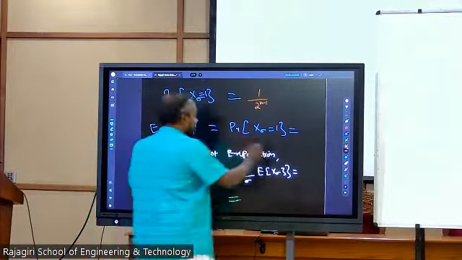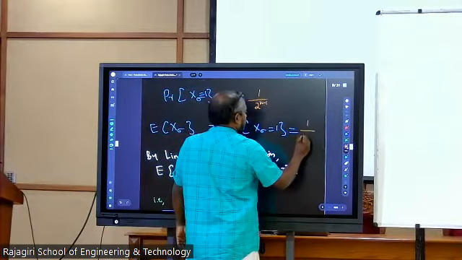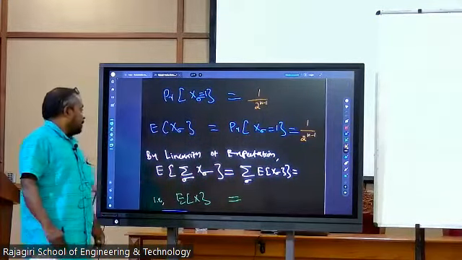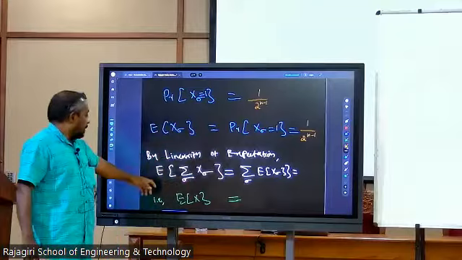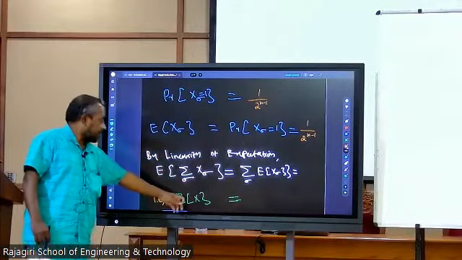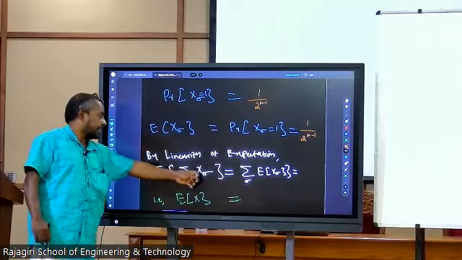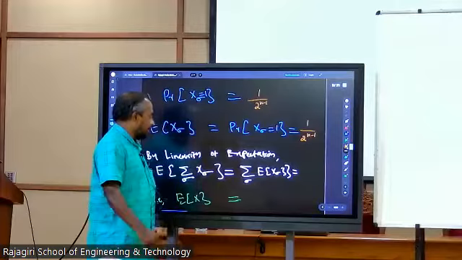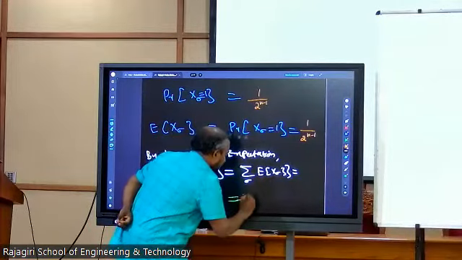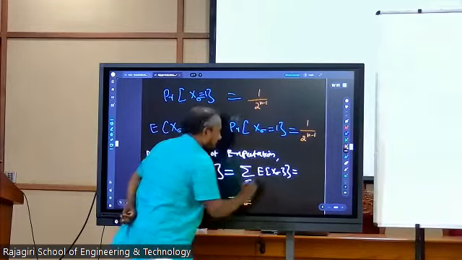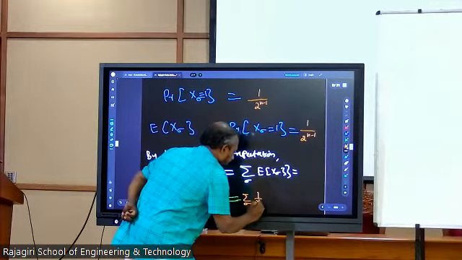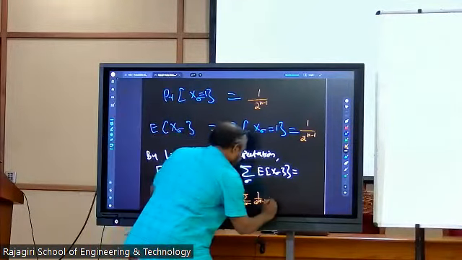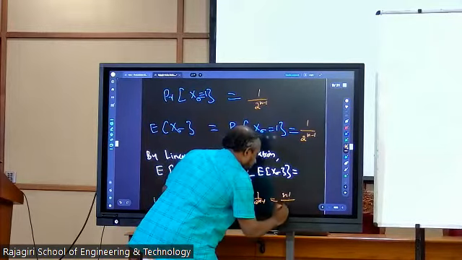So by linearity of expectation, the expectation of X is the expectation of the summation of X sigma, which is the summation over all sigma of the expectation of X sigma. This is the summation over permutations of 1 by 2 raised to n minus 1. How many permutations are there? N factorial. So this will be n factorial by 2 raised to n minus 1.